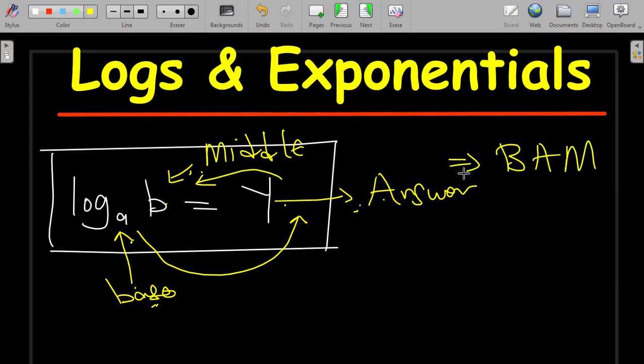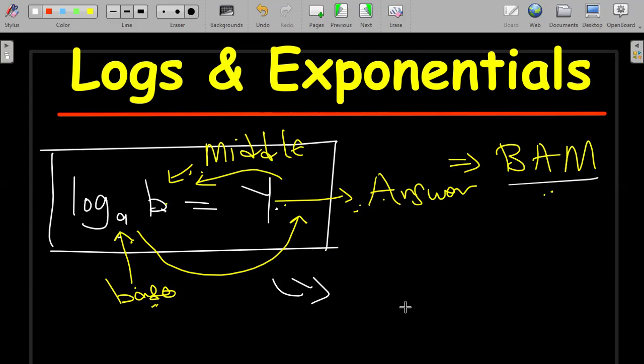We are going to be using this mnemonic BAM to remember our conversions from logs to exponents. So this one, I can write in exponential form now by following my BAM: base to the power answer is equal to what is in the middle.